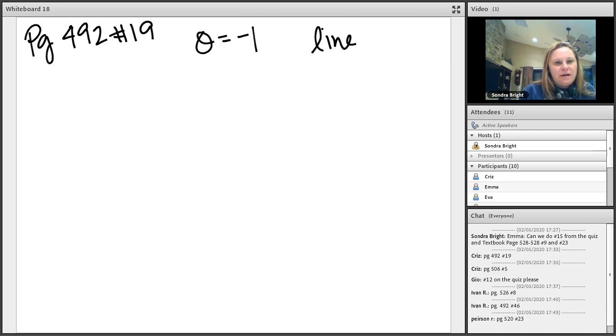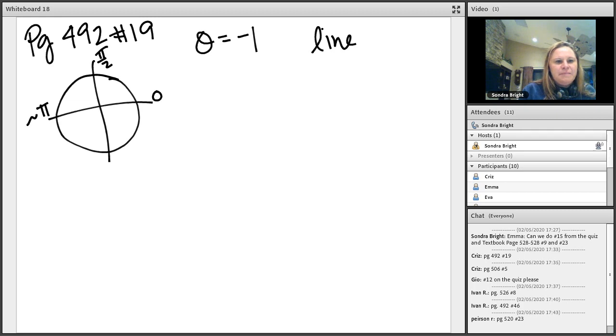Here's what I know. I know pi over 2, I know this is pi, that's 0. Pi is about 3.14, which means pi over 2 is about 1.57. And this would be a negative pi over 2, which is about a negative 1.57.